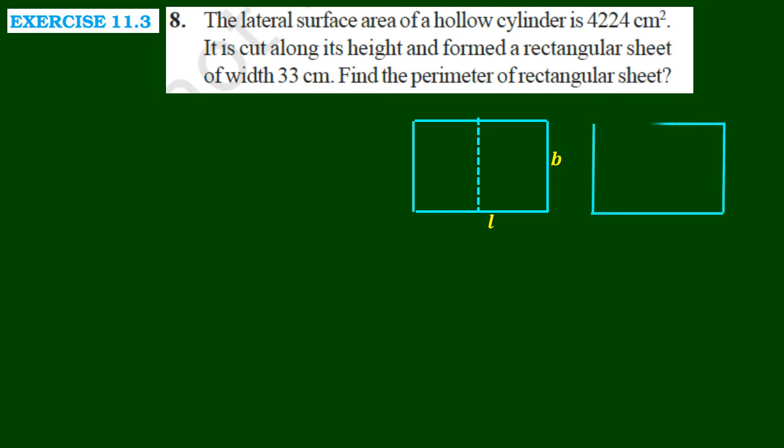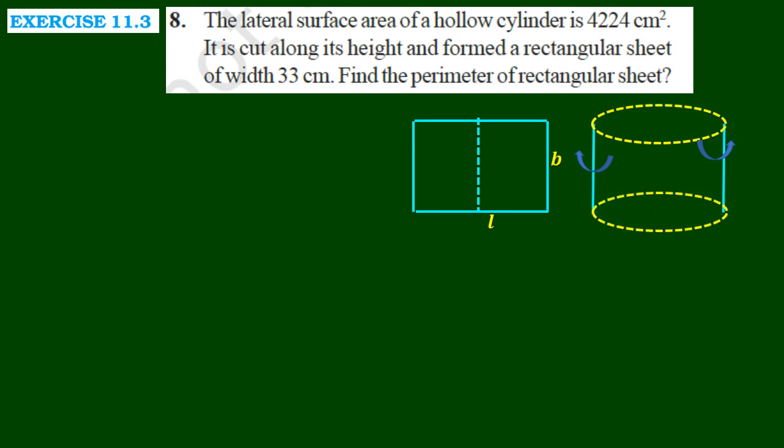See, this is a rectangular sheet. So you take a rectangular sheet. You fold it in the shape of a cylinder. So let us see what will happen. So folding. So what is happening?